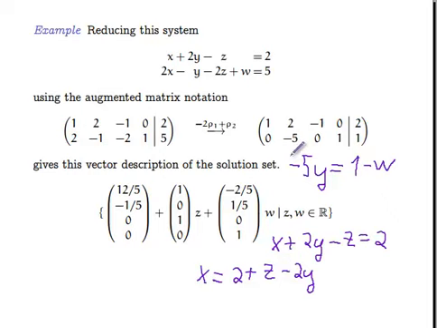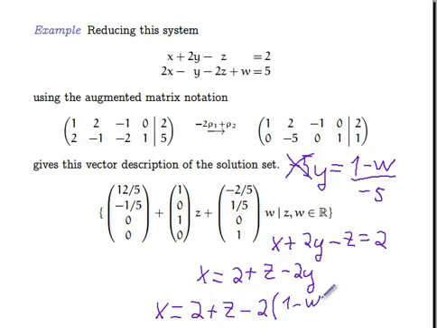I could divide this by minus 5, and I'll get y equals 1 minus w over minus 5. If I substitute this y in for here, I'm going to get x is equal to 2 plus z minus 2, and let's substitute in for what I get for y, 1 minus w over minus 5.